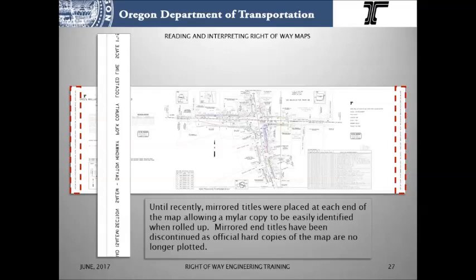And this will be allowing for a Mylar copy that was printed out to be easily identified when it was rolled up. Now, we don't produce official hard copies of the maps anymore. So we've actually eliminated putting the mirrored text on. So you won't see that on the current right-of-way maps that are being plotted.